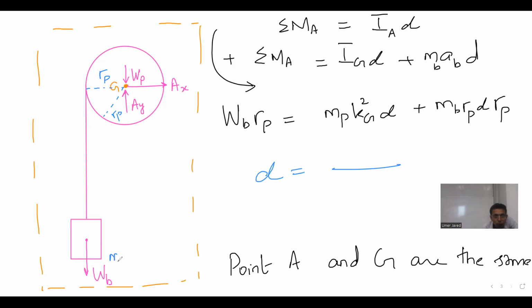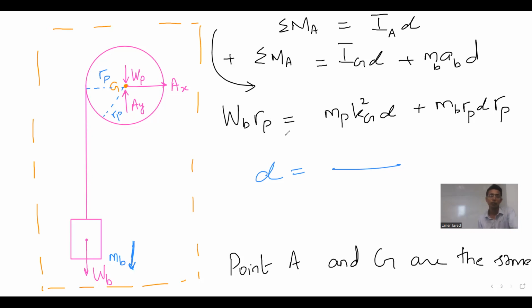When you multiply MB with R alpha, what do you get? You get the force, MA. And when you have got the force MA, all you have to do is multiply with the moment arm to get the moment which this mass exhibits. So now you have I alpha along with this one, you add them together.